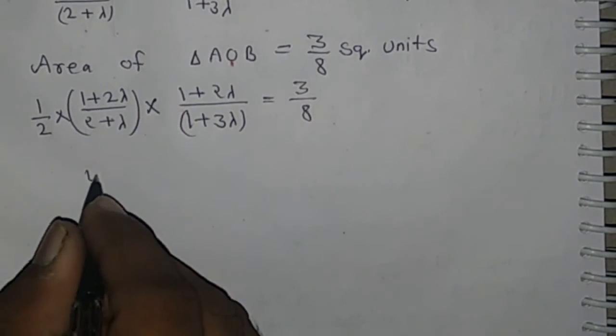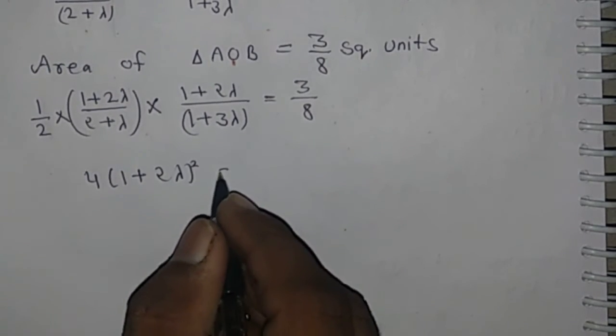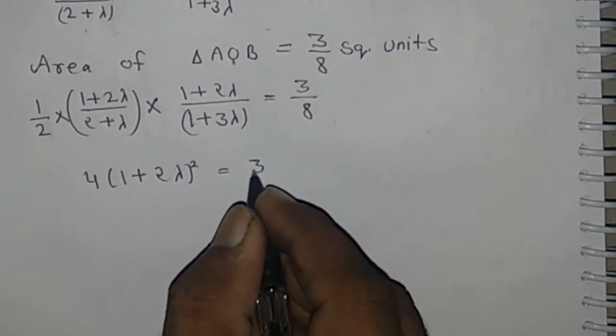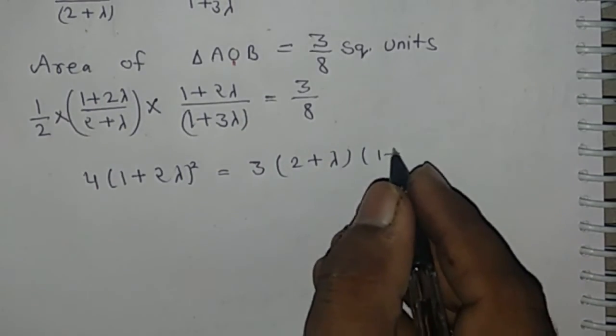Now we have 4 into (1 plus 2 lambda) square equal 3 into (2 plus lambda)(1 plus 3 lambda).